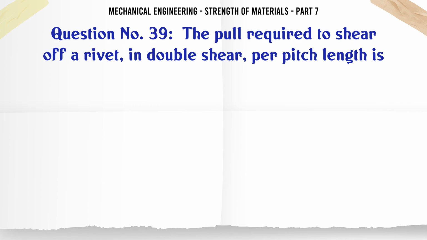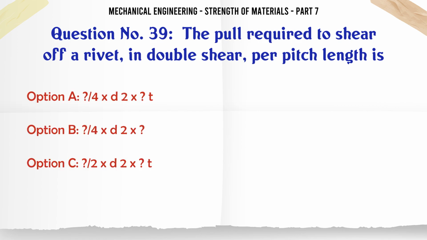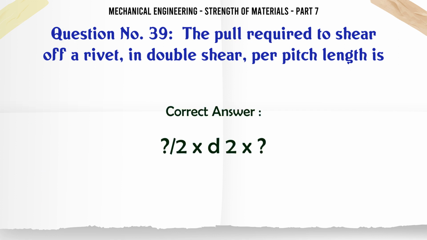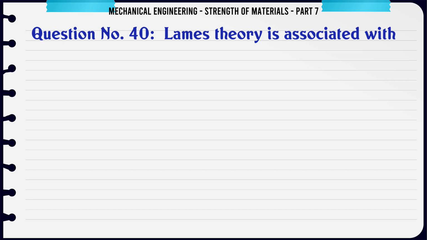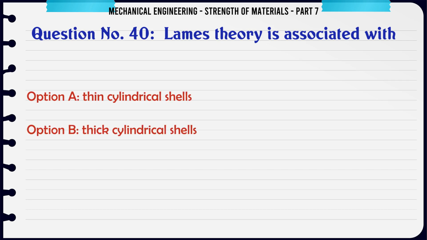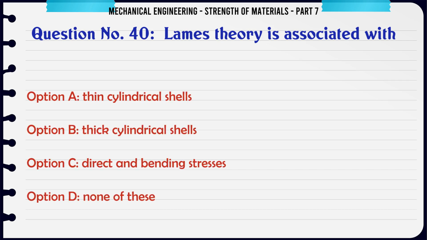The pull required to shear off a rivet in double shear per pitch length is: A. π/4 × d² × τ, B. π/4 × d² × σ, C. 2 × π/4 × d² × τ, D. 2 × π × d² × τ. The correct answer is 2 × π/4 × d² × τ. Lame's theory is associated with: A. thin cylindrical shells, B. thick cylindrical shells, C. direct and bending stresses, D. none of these.